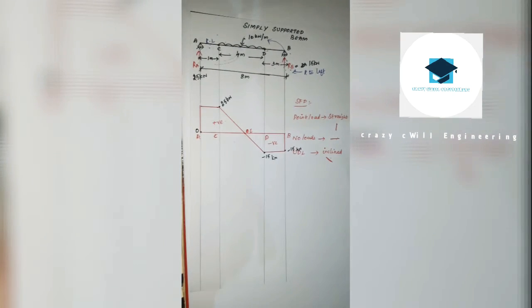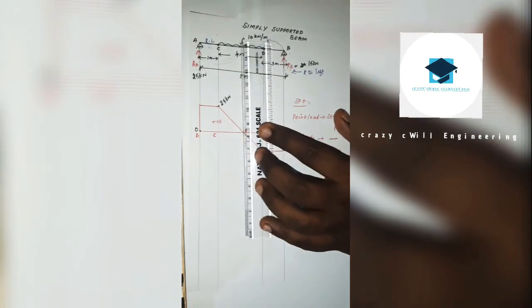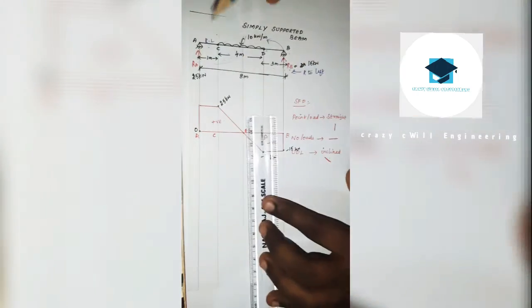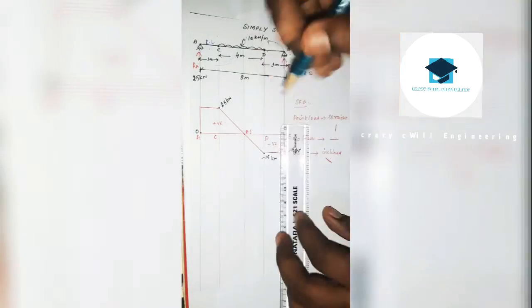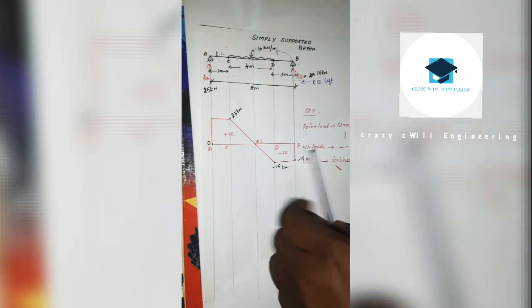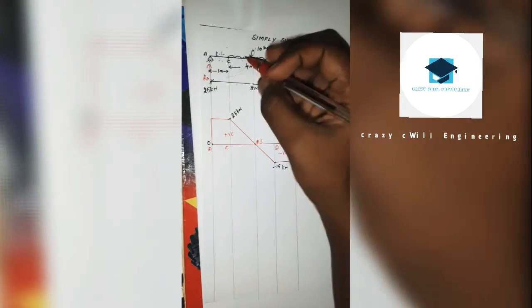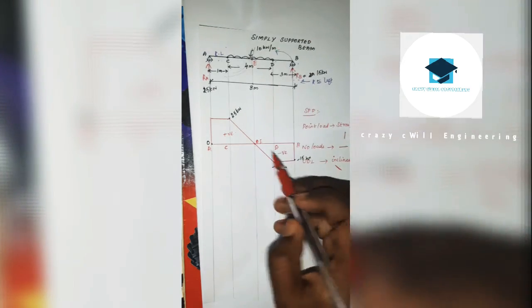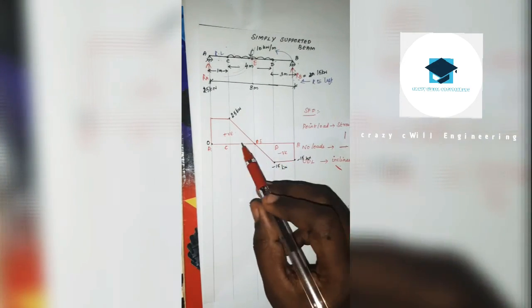So we have to drag this line up to the beam diagram. Mark it as E. At this point only the bending moment is maximum, because the shear force changes its sign.